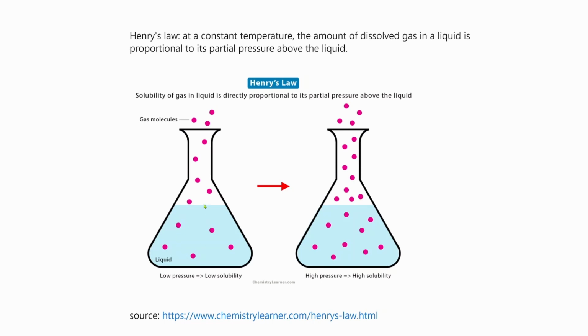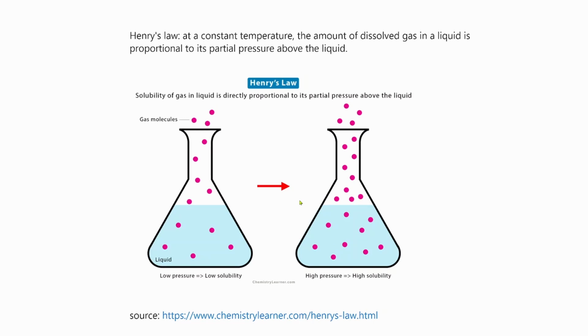So higher partial pressure, more solubility, so higher concentration, which we see on the left here. It's low pressure, so less dissolved gas in the water, and here on the right hand side high partial pressure, more dissolved gas.